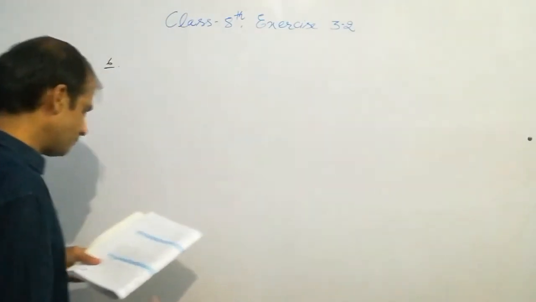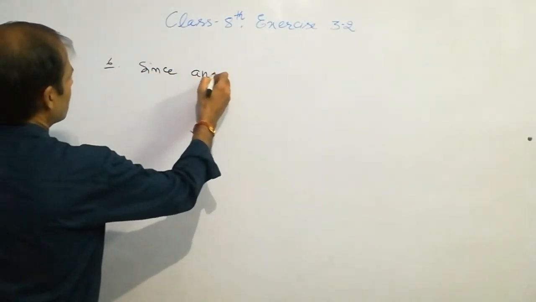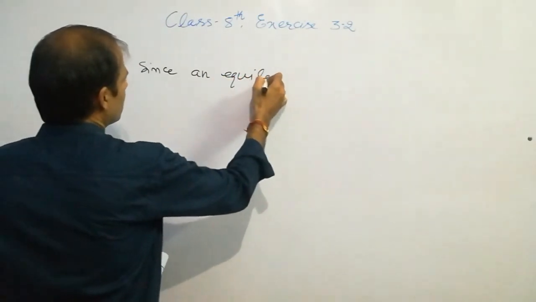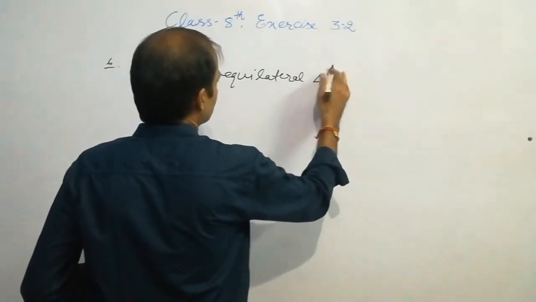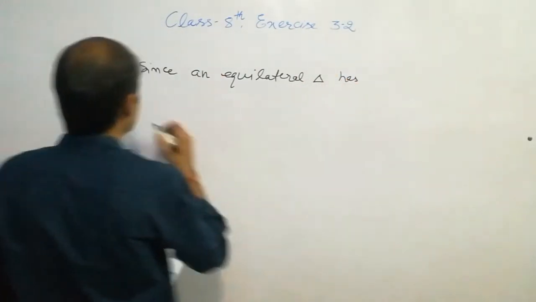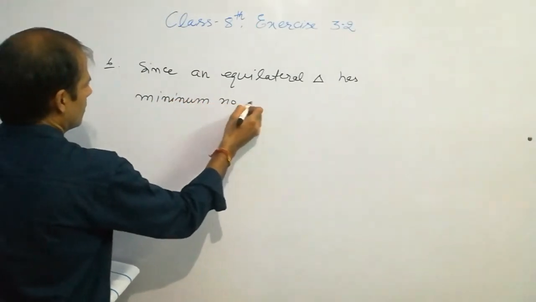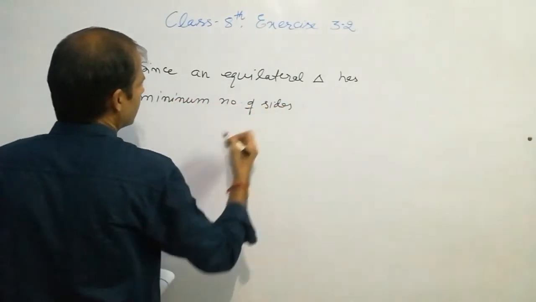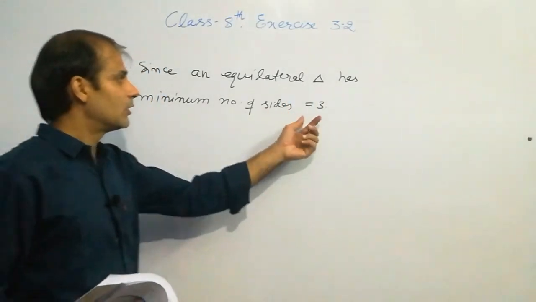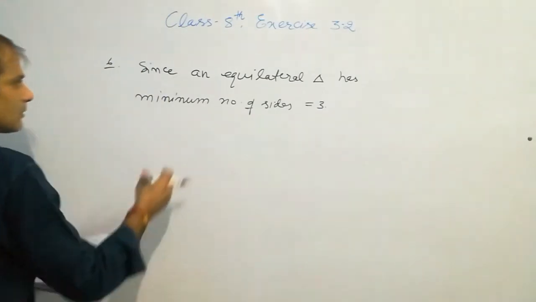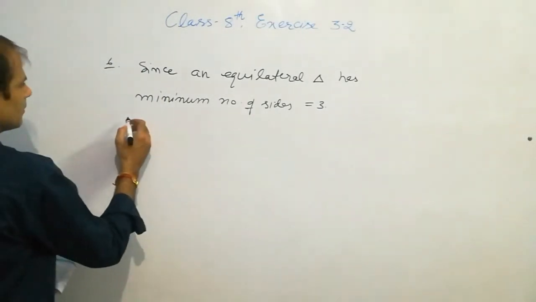Now listen, since an equilateral triangle has minimum number of sides that is equal to 3, because we cannot draw a polygon less than 3 sides, so it has the minimum measurement of each interior angle.